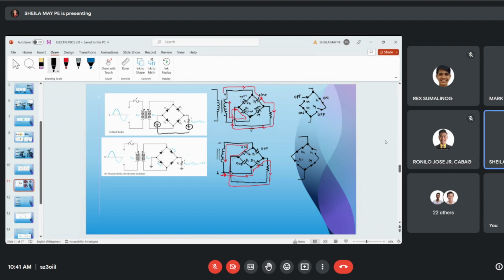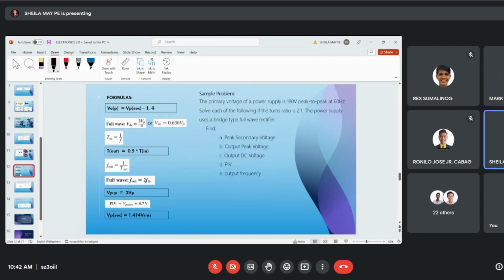You don't have any questions for that? Okay. Now, for the formulas of a bridge type full wave rectifier, it has the peak output voltage equal to secondary peak voltage minus 1.4.